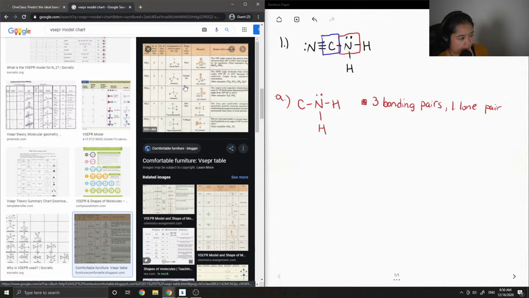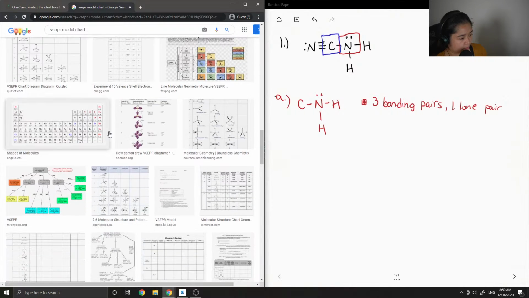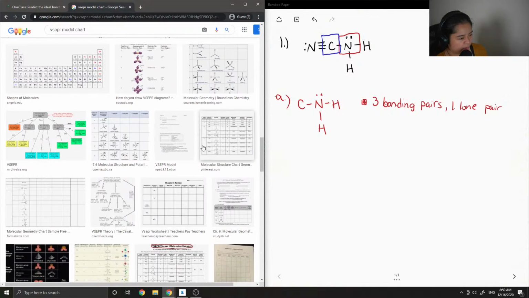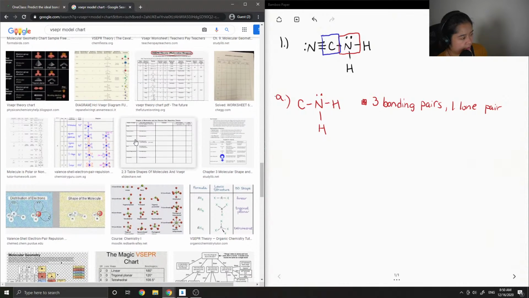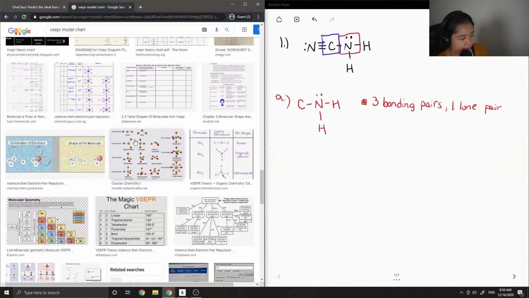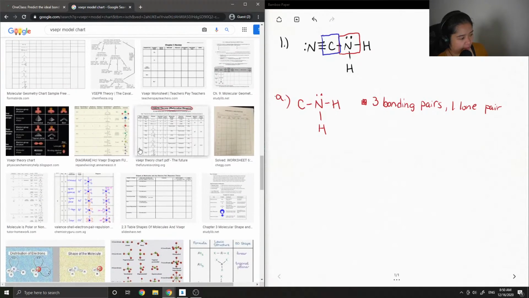Okay, so here is an example of what a VSEPR chart might look like. I'm going to find one that has more options though. But typically these charts might be given to you in a question, or they would tell you to refer to it in a table. But basically they all say the same thing.